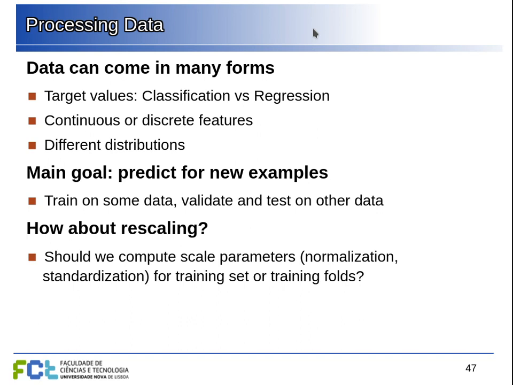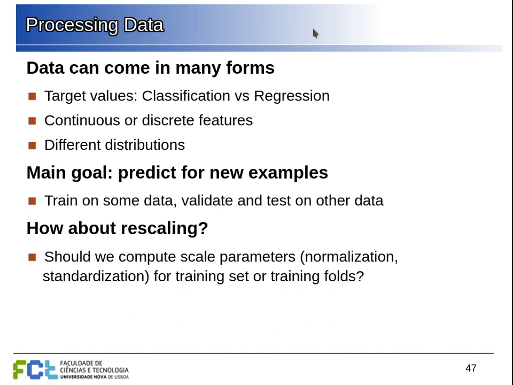Usually in regression, we want our predictions to be on a reasonable scale, around 0, plus or minus 1, something like that, because this makes it much easier to optimize parameters such as regularization, since the target values will influence the coefficients we have. It will usually avoid numerical instability problems and so forth. Also, we can have features at different scales, so we may need to rescale them in order to bring them all together.